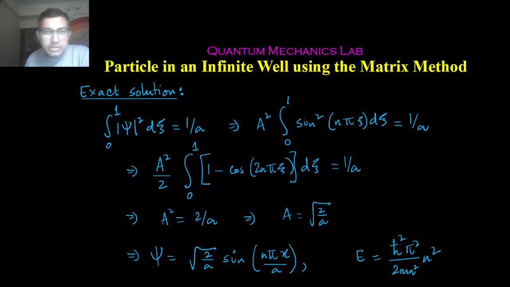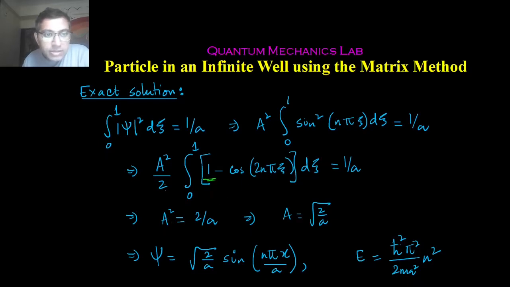So this integral is very easily done. We can use the double angle formula, and we can factor out half and make this 2 times sine squared of this thing, which is 1 minus cos of 2 times this angle, and this term integrates to be 0 because at its endpoint the angle changes by an integral multiple of 2 pi, and we get only contribution from this term, and it is just an integral from 0 to 1 d xi, which is just 1.